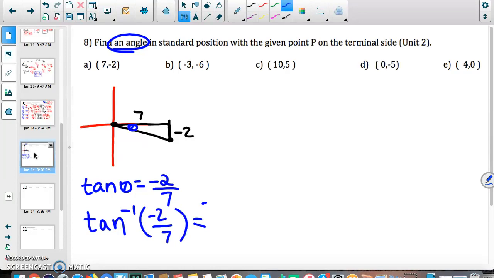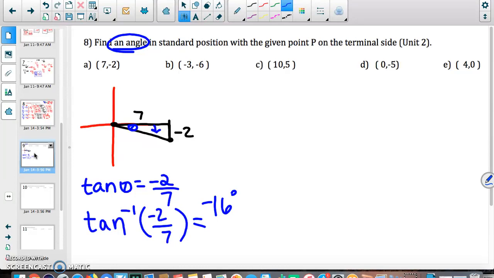I'm going to do degrees because it's a little bit easier for me to conceptualize, and maybe you as well. So I got about negative 16 degrees, which makes sense, right? We know that a negative angle goes this way, and this looks just about negative 16 degrees. That looks reasonable, doesn't it? I think so. If you do it in radians, I think you get like negative 0.3 or something like that, radians.